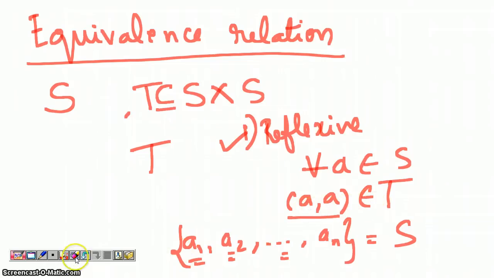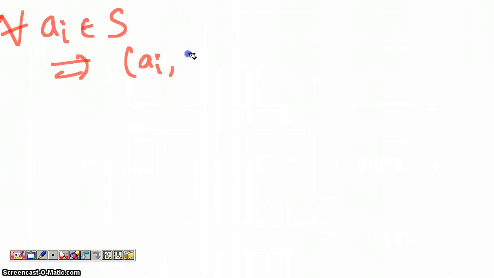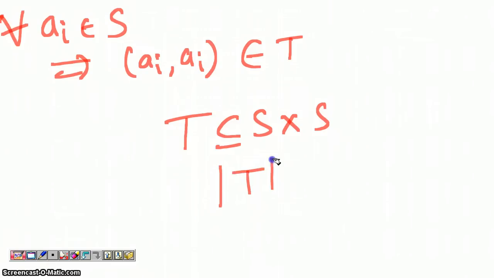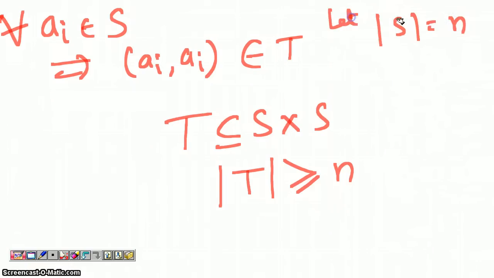Which means for every AI that belongs to S, AI comma AI must belong to T. If you pick any equivalence relation T, the number of elements in T, this symbol stands for the number of elements in T, must definitely be greater than or equal to n, which is the number of elements in S. Let the number of elements in S be n, then the number of elements in T must be at least n.